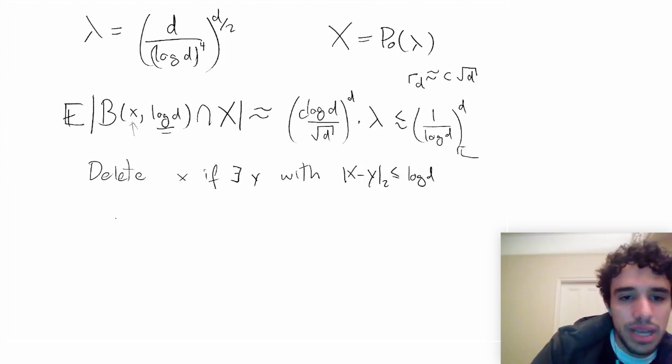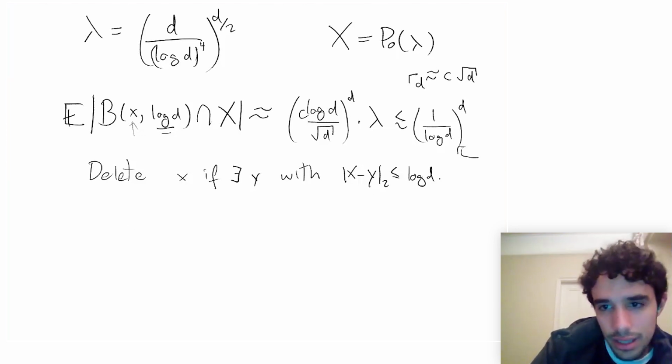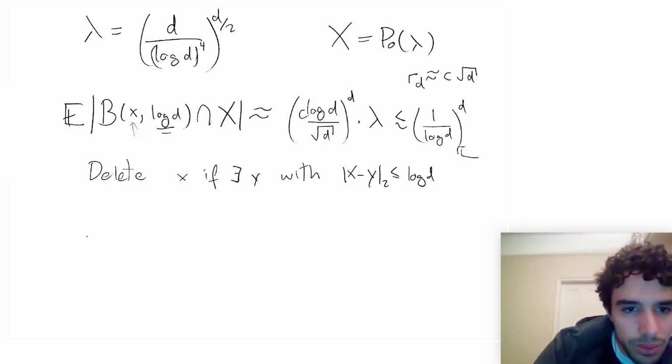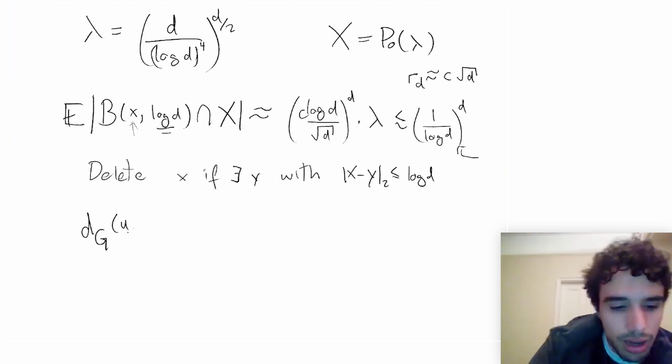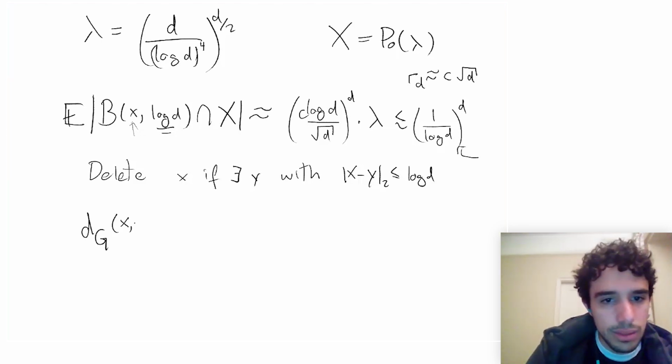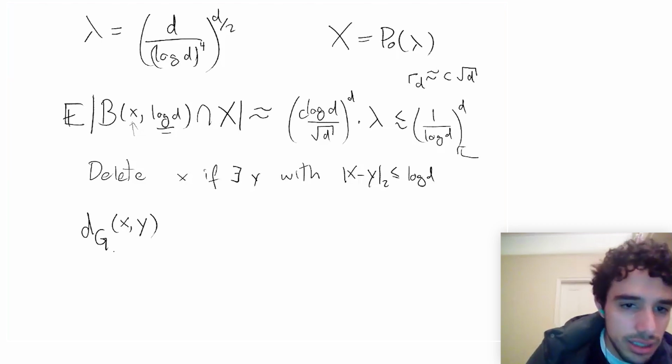So now we assume that all pairs of points have distance at least log d. But now, what is d_G of x and y? What is this quantity, the intersection of the neighborhoods?